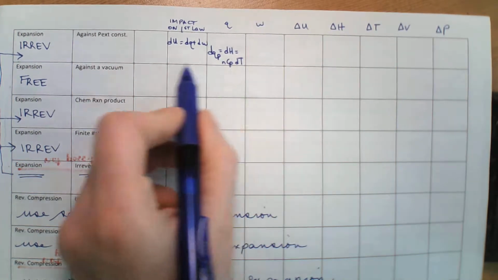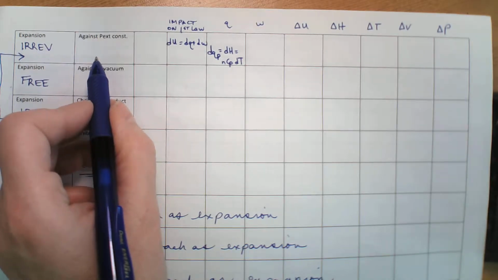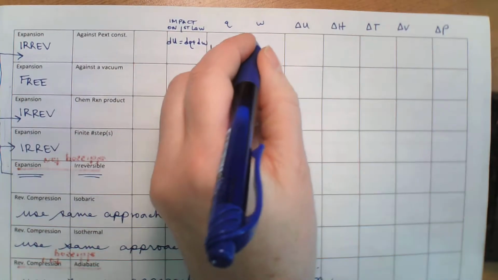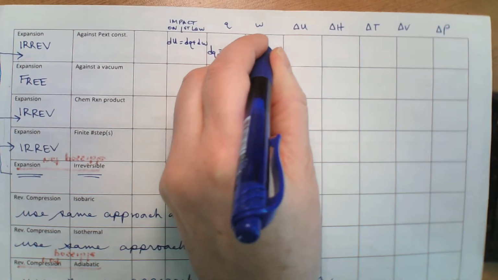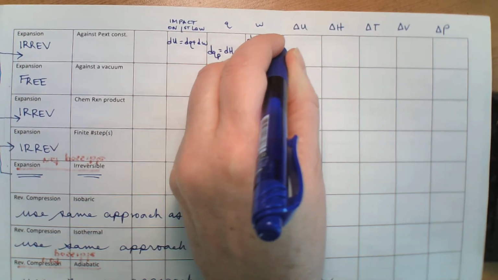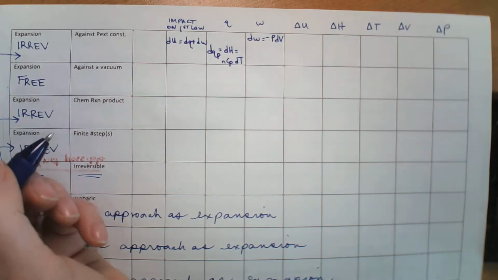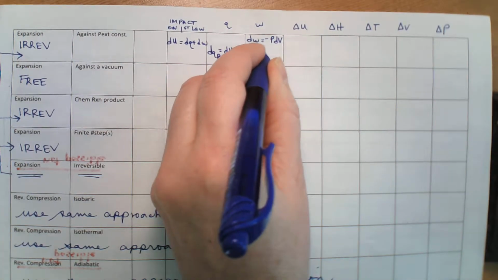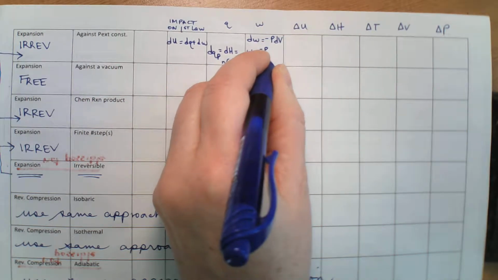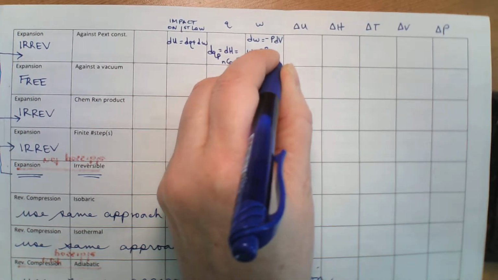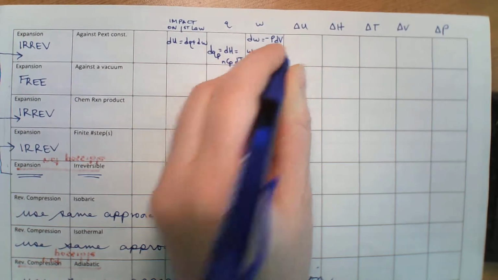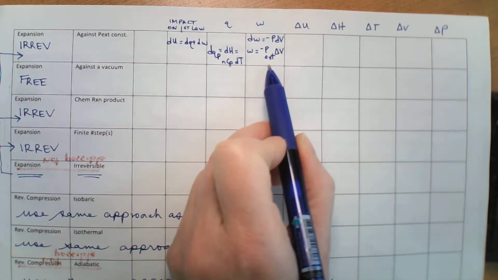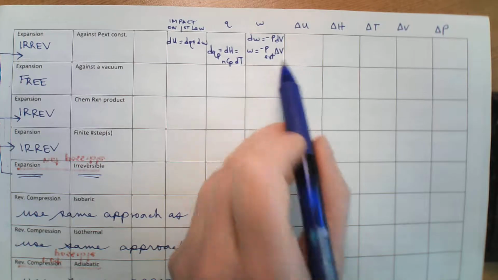The work is against a constant external pressure, and it's irreversible. So dW is always equal to minus P dV. However, the P is constant, so when I integrate it, my work is going to be equal to minus P external delta V. My external pressure is the same as the P final of the gas.